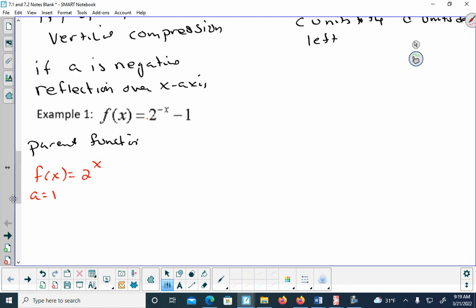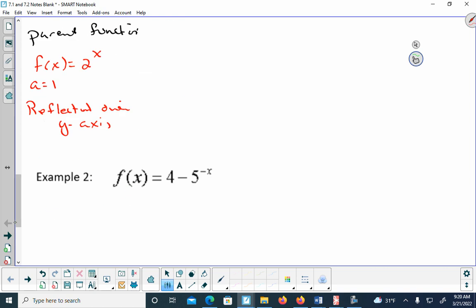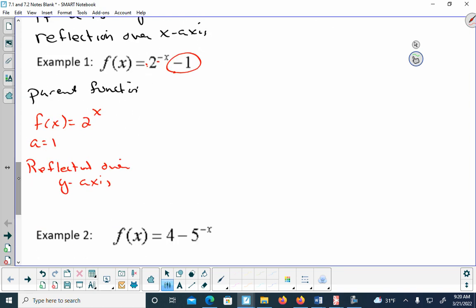If I look at this, my b is 2, that's my base. My c, I'm not adding or subtracting anything, but I have this negative sign here in front of the x, which means I'm going to reflect over the y-axis. And then the last thing I have is this minus 1, which is my d, which means I'm going to go down 1 unit.